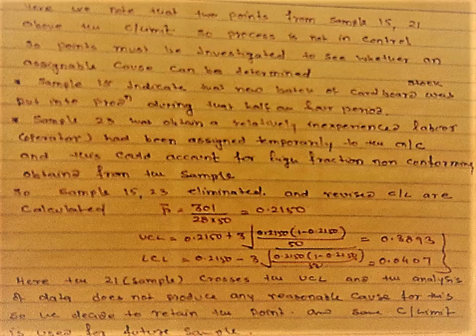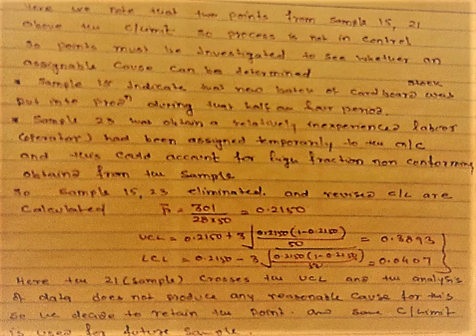Then we observe that in this particular condition the cardboard stock was changed, as the previous cardboard roll was consumed, and when we collected sample number 15 we were using new cardboard stock, whereas sample 23 was obtained from relatively inexperienced labor.